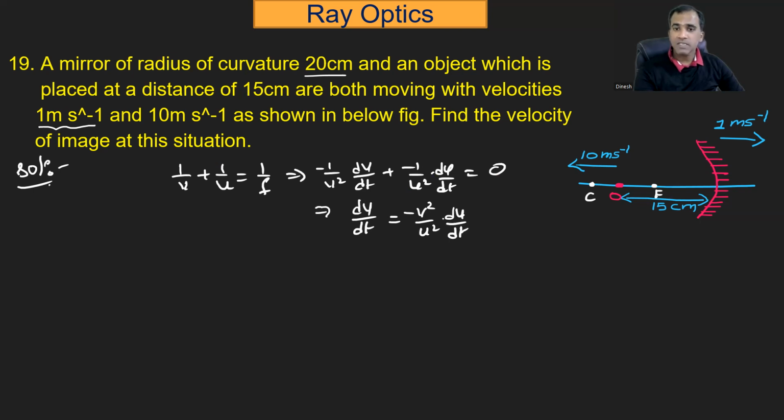Here u is the object distance measured from the pole of the mirror. Okay. So the velocity of the image with respect to mirror is equal to minus v square by u square into velocity of object with respect to it.